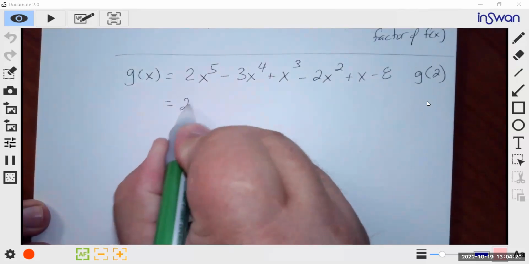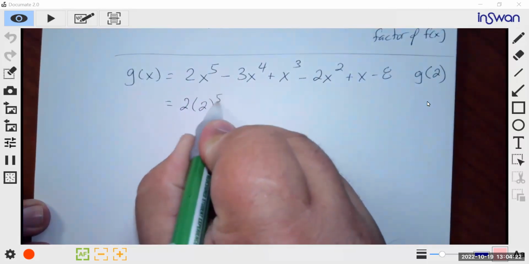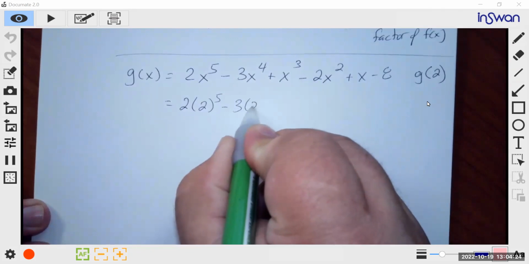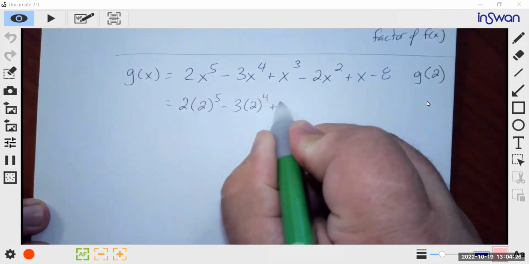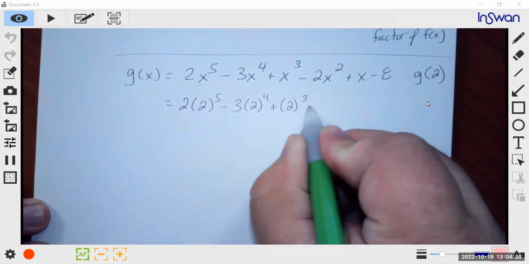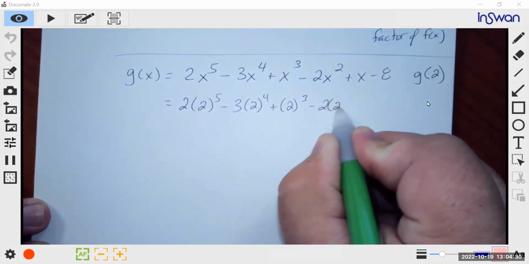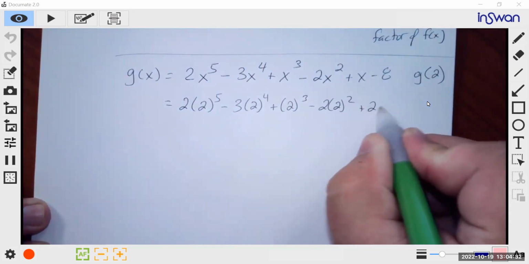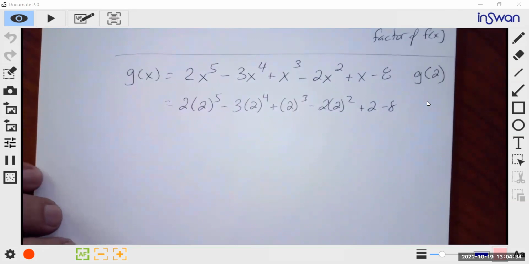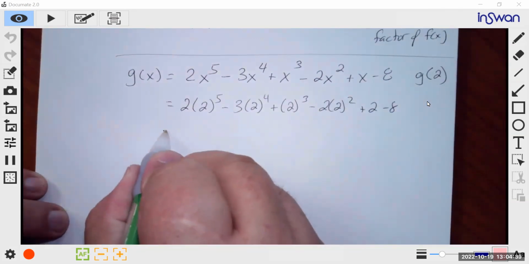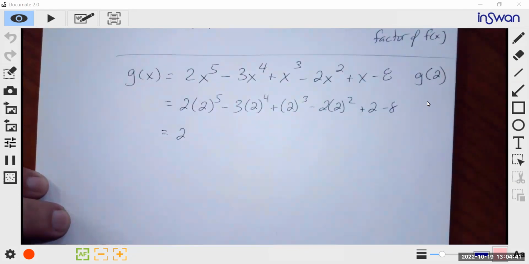So we have 2 to the 5th minus 3, 2 to the 4th, 2 to the 3rd, 2 times 2 squared, plus 2 minus 8. You get tired just writing it. What is 2 to the 5th?